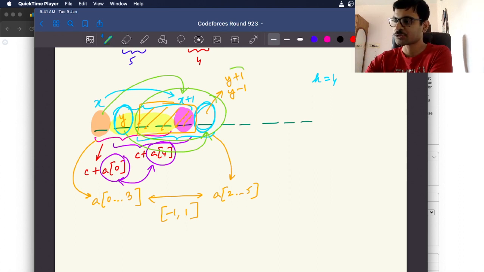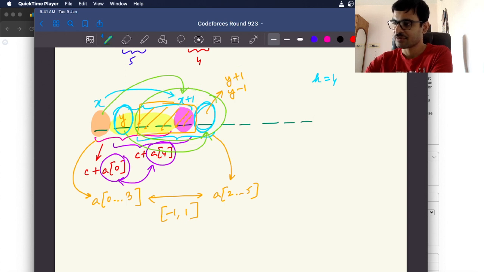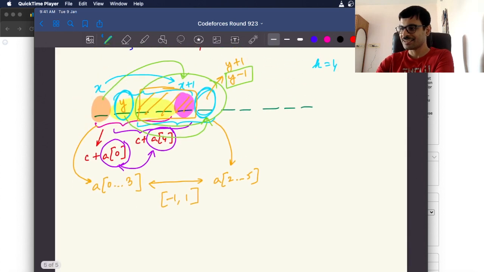If I choose y plus 1 over here, can I say that x plus 1 and y plus 1 both are basically 1 greater than these two elements? So the overall difference is 2, and that is not allowed. And this tells me that, hey, if I've chosen x plus 1 over here, I cannot choose y plus 1 over here. But if I choose y minus 1 over here, then I'm fine. So what am I basically saying?